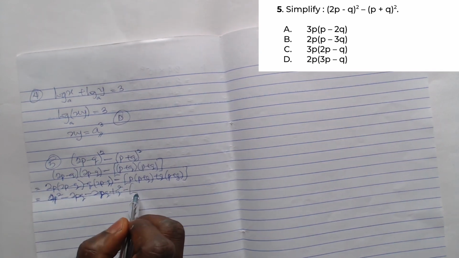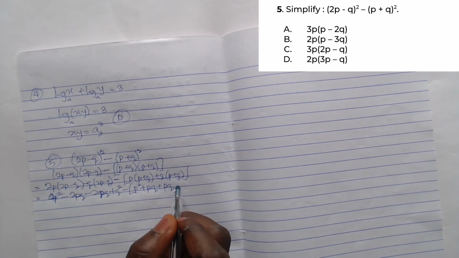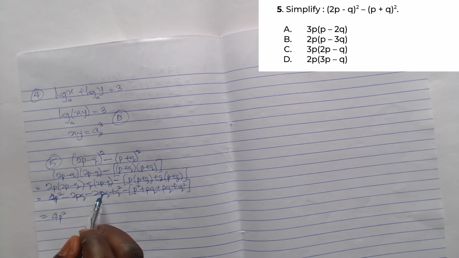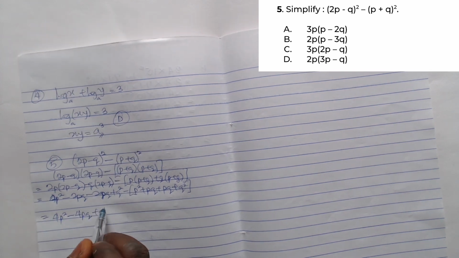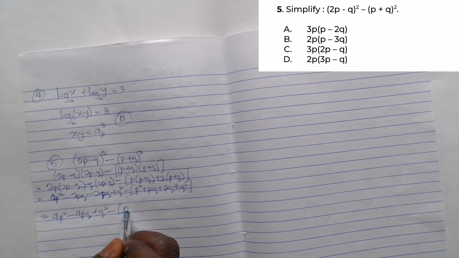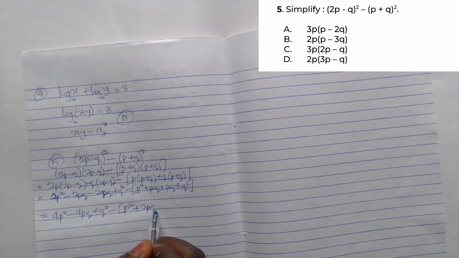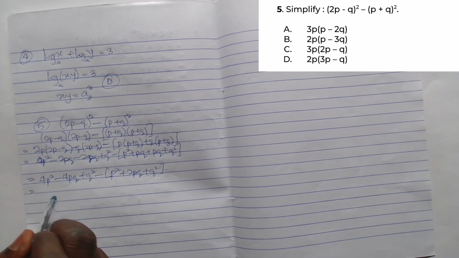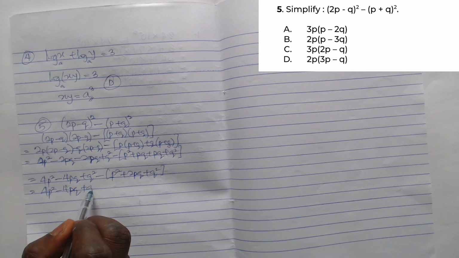This minus sign is for this larger bracket, this will be p square plus pq plus pq plus q square. And this will be, we have 4p square minus 2pq minus 2pq will give us minus 4pq plus q square, minus p square plus pq plus pq, we got plus 2pq plus q square.